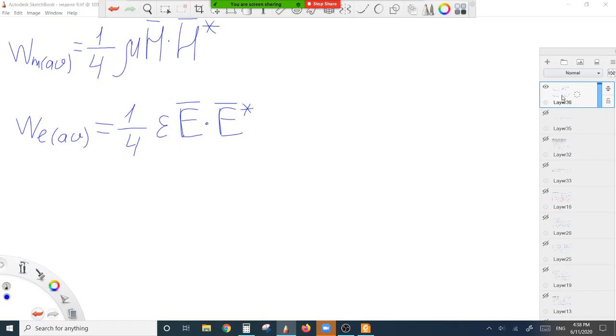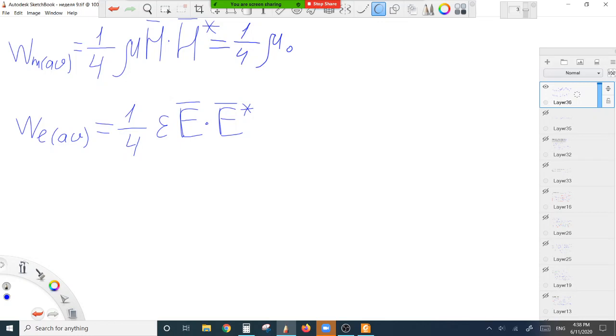So first we compute stored time averaged magnetic energy density, which is 1 over 4 multiplied by, in our case, mu 0, because we are dealing with the free space.